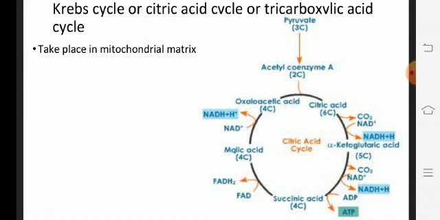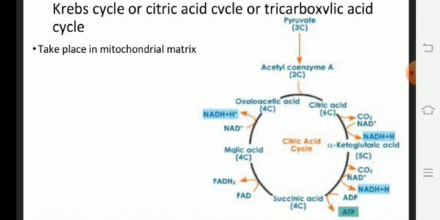Once again I will repeat. Just observe from alpha ketoglutaric acid. Alpha ketoglutaric acid combines with coenzyme A, and is decarboxylated and dehydrogenated. There will be a formation of succinic acid, where the hydrogen is accepted by NAD plus, which is reduced to NADH2.